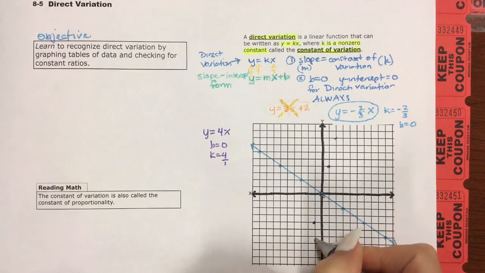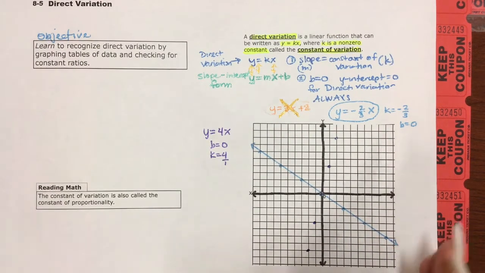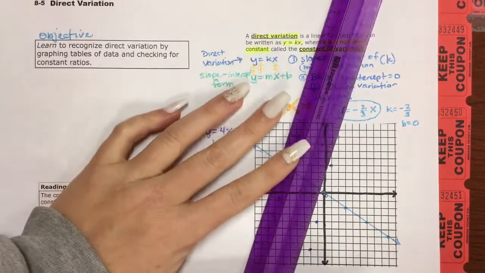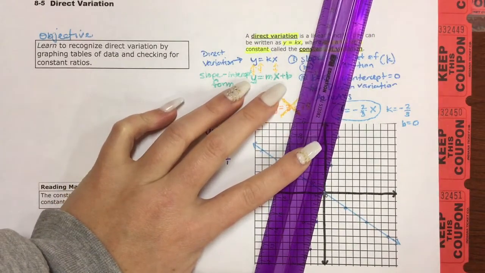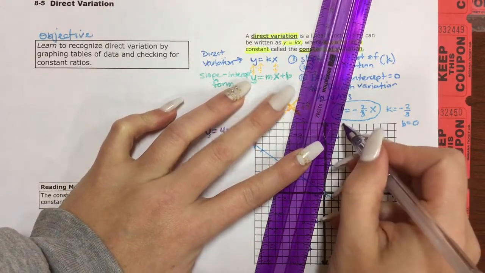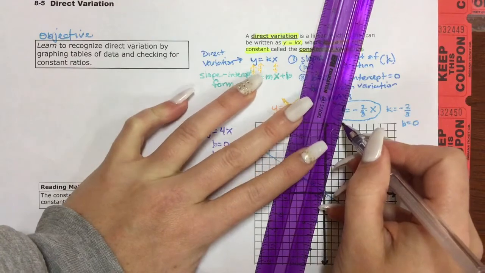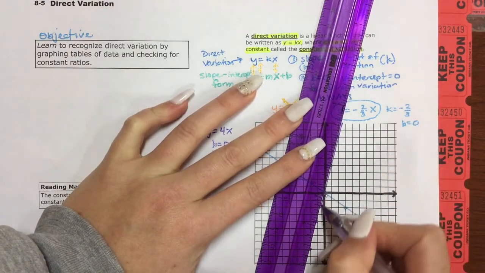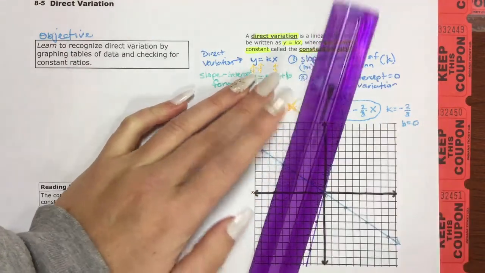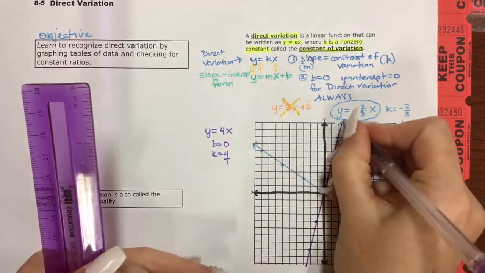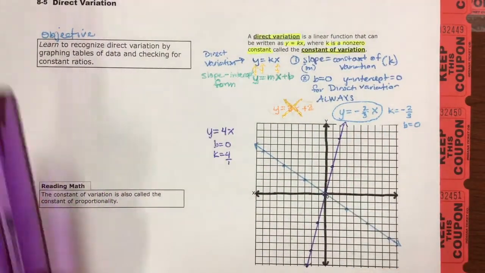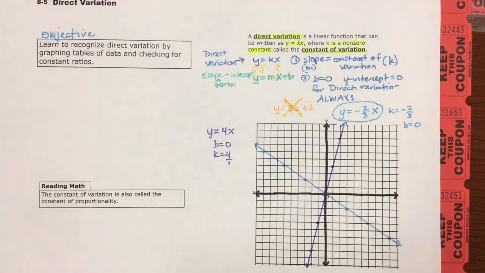If we graph this, we get a direct variation. It's just a straight line that always goes through the origin. The y-intercept is always going to be 0.